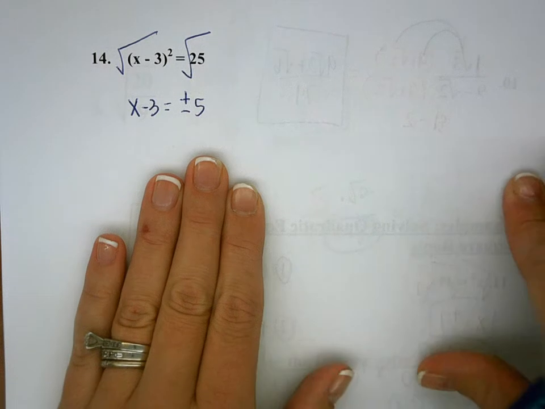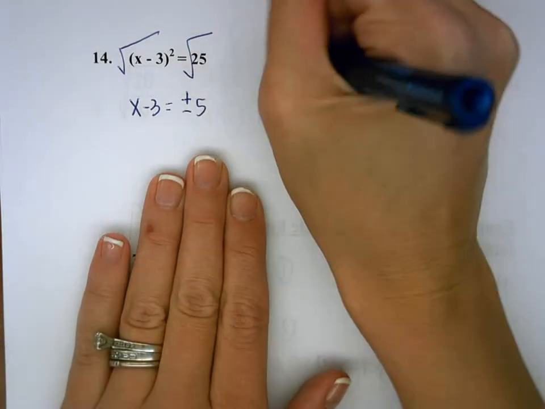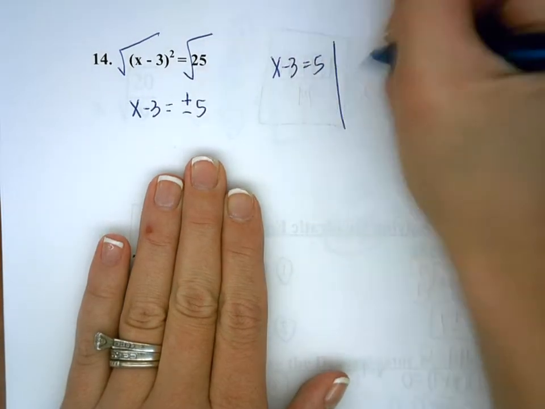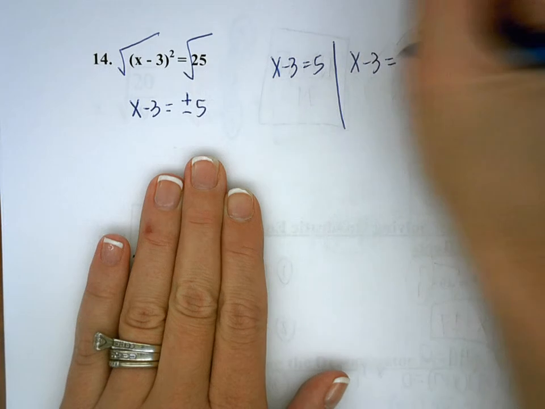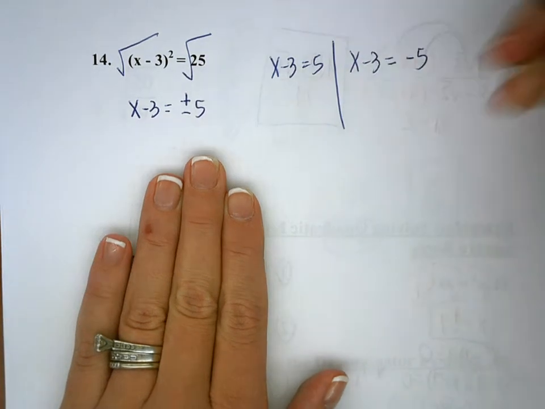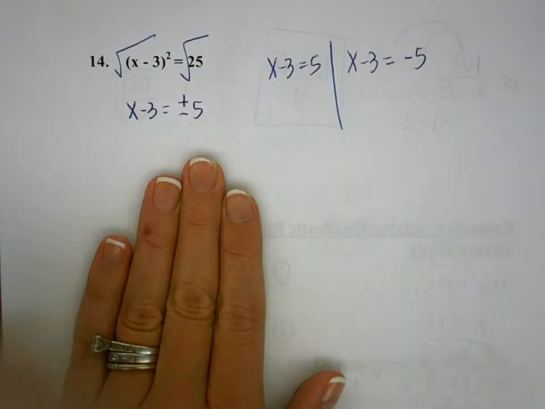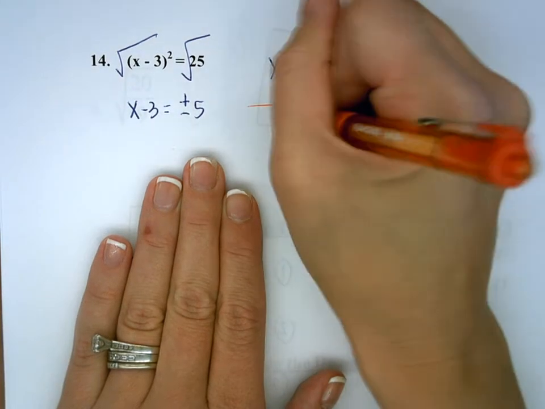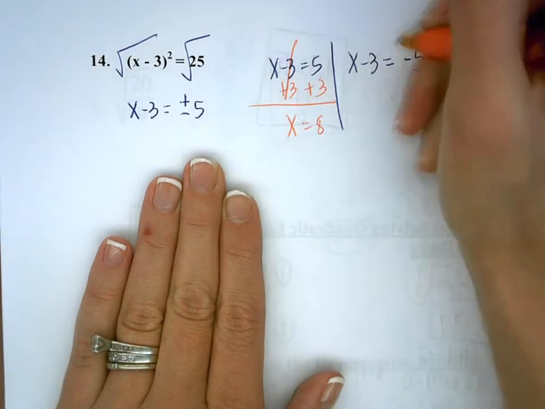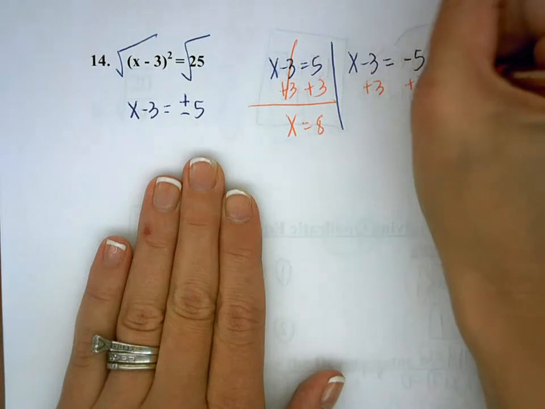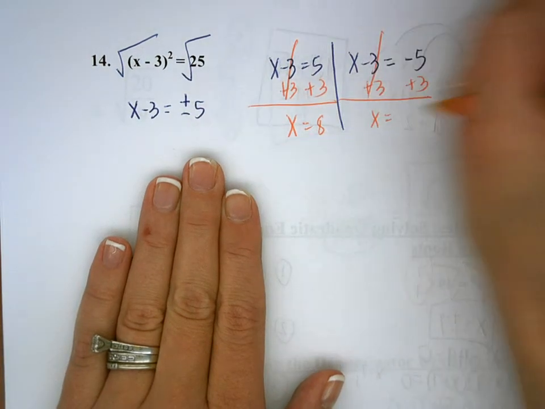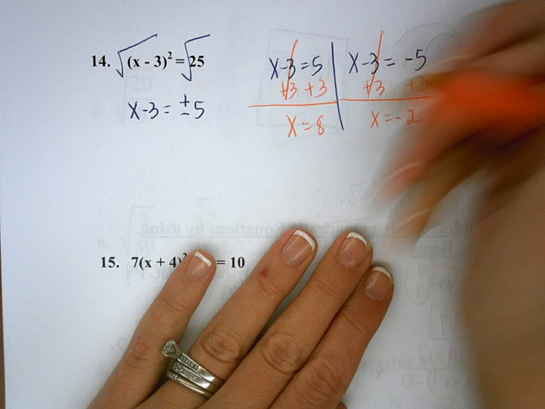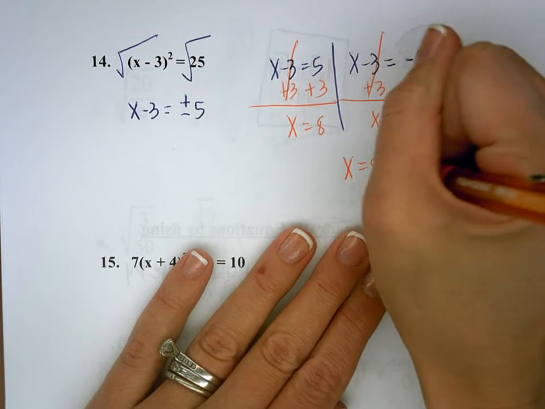So we have x minus 3 equals 5, and x minus 3 equals negative 5, and we're going to solve. So on both of them, I'm going to end up adding 3 to both sides, but on one I get x equals 8, and on the other one, when I add 3, I'm going to get x equals negative 2. So my answers are x equals 8 and negative 2.